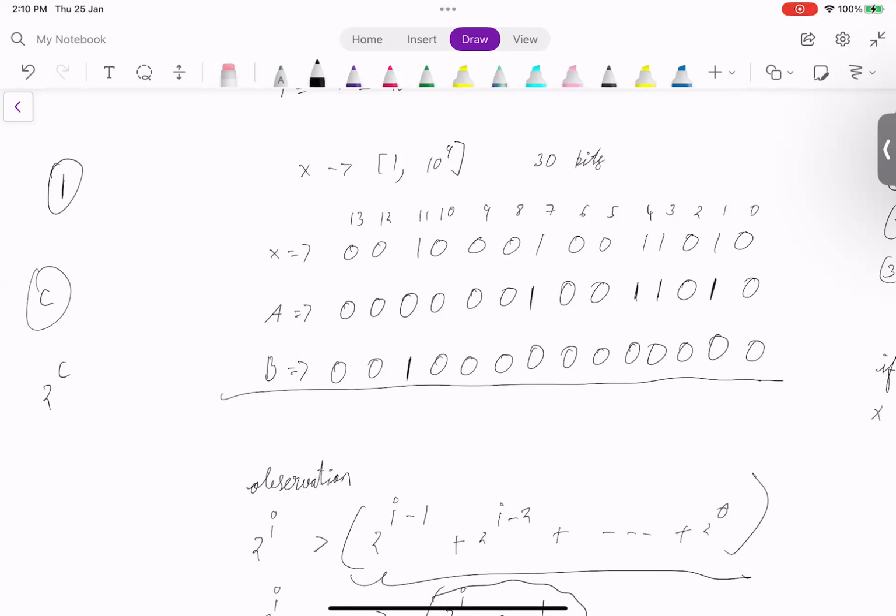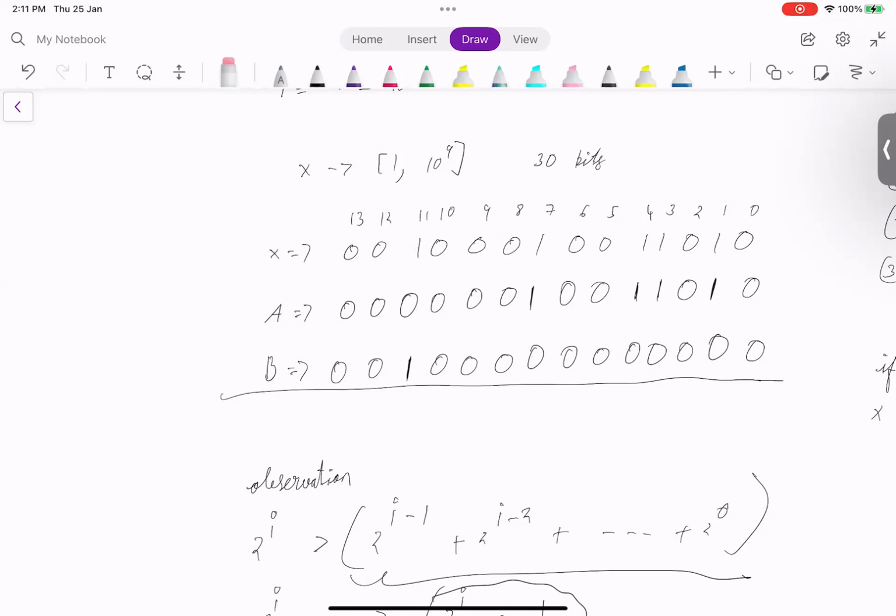Because for each such position, we'll have two choices: either put 0, 0 in A and B both, or put 1, 1 in A and B both. And if there is a set bit, then we only have one choice. We should set that bit in one of the numbers and unset it in the other number. And we know this configuration is always better for a set bit: putting the MSB in B and restoring A.